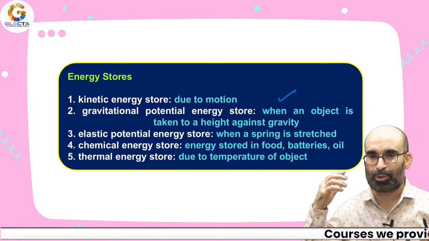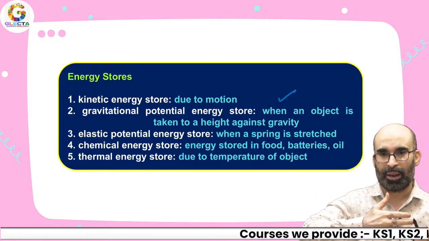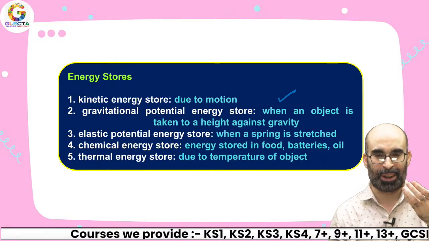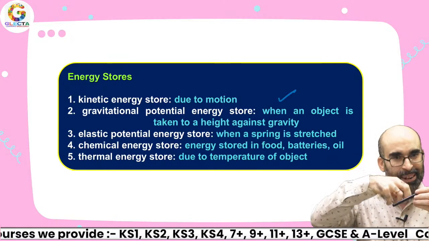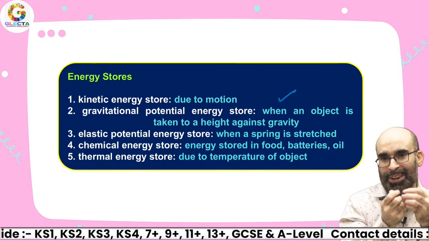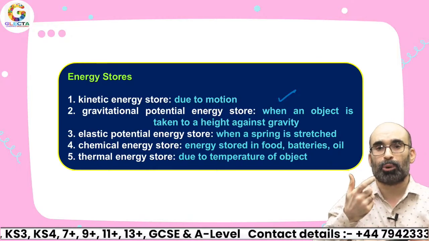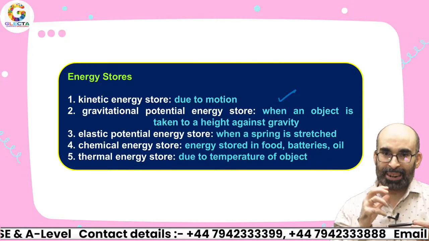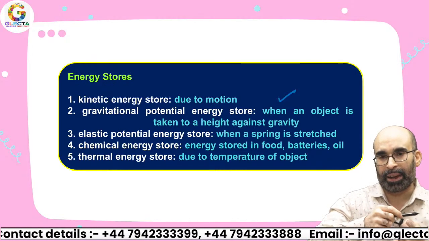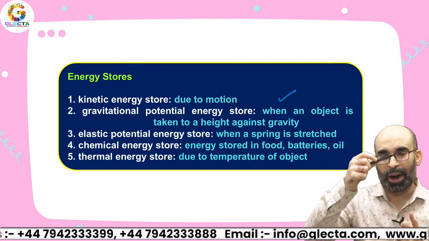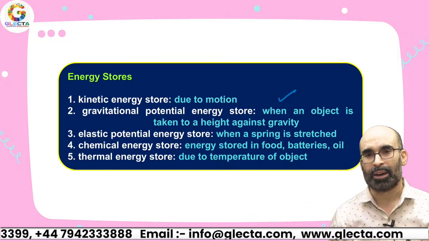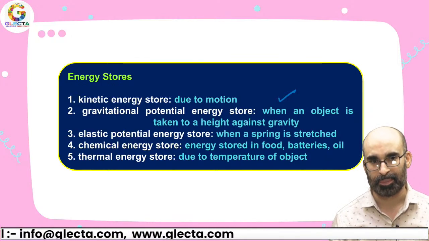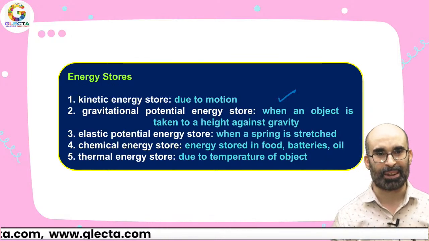I need to transfer some energy, and that energy is working against gravity. You know that gravity is working downward. Gravity would try to pull it downward. But what I am doing it against, right? So the work done in taking it upward against gravity is stored as gravitational potential energy store. I hope you understand this.